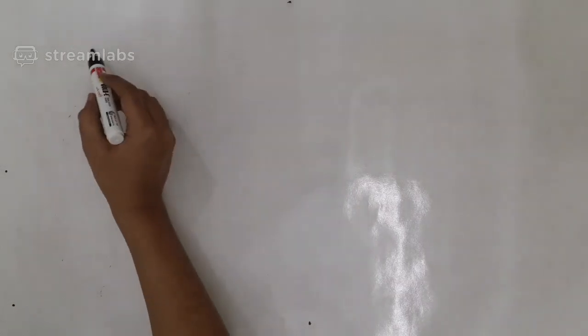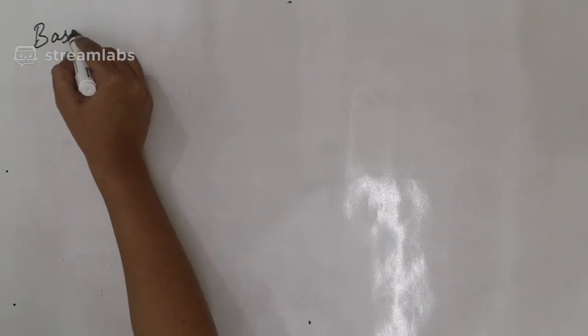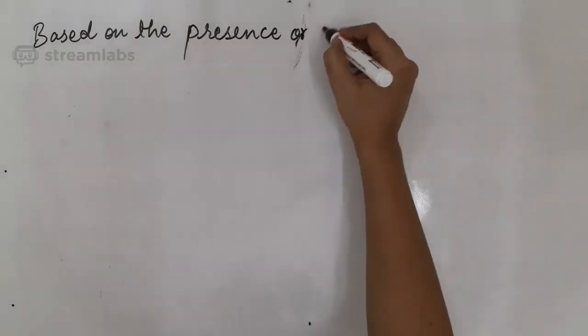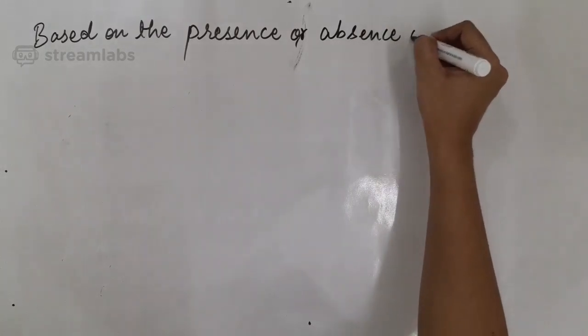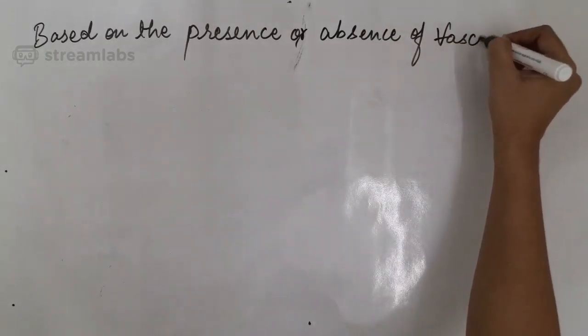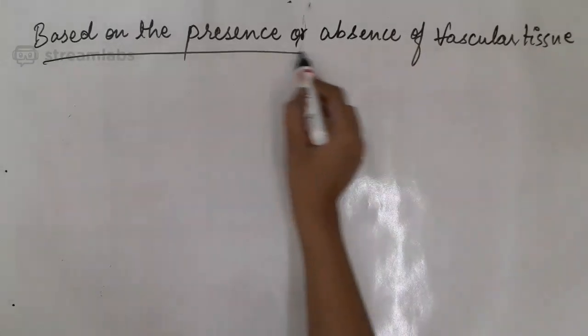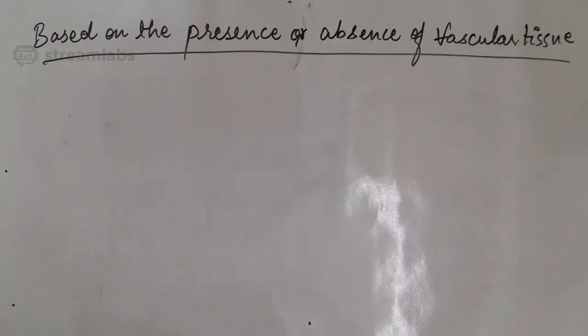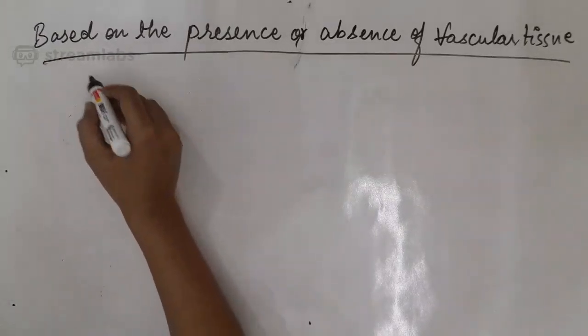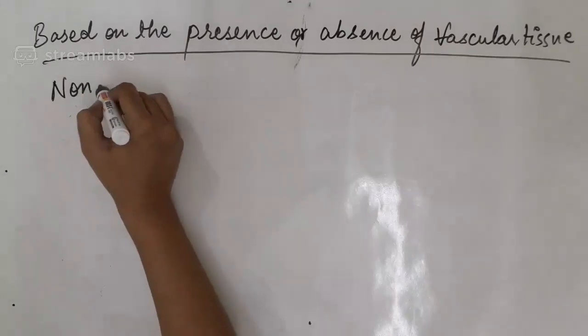Based on the presence or absence of vascular tissue, that is the xylem and phloem, the plants are divided into two groups. First is the non-vascular plants.